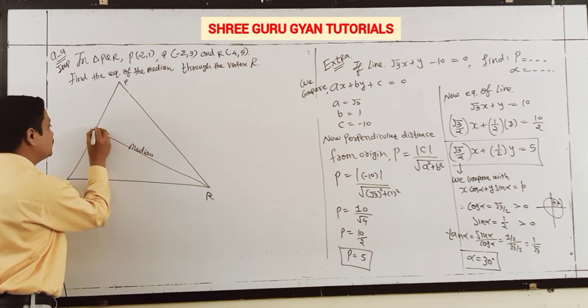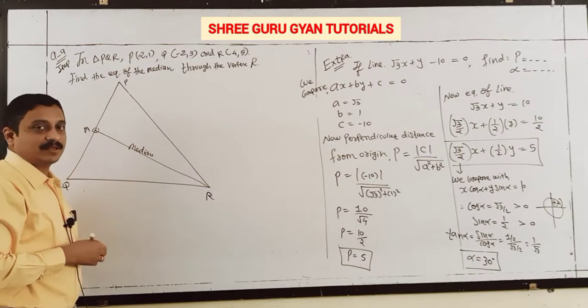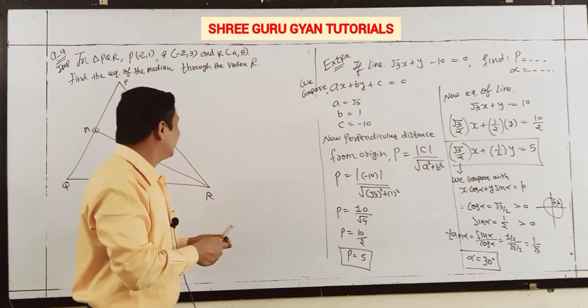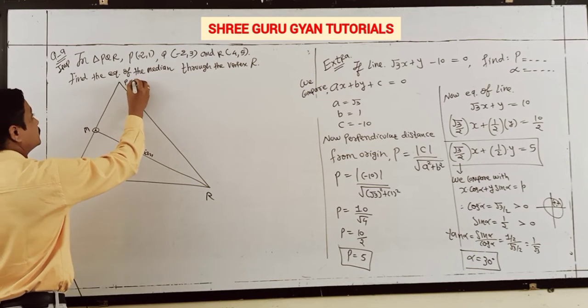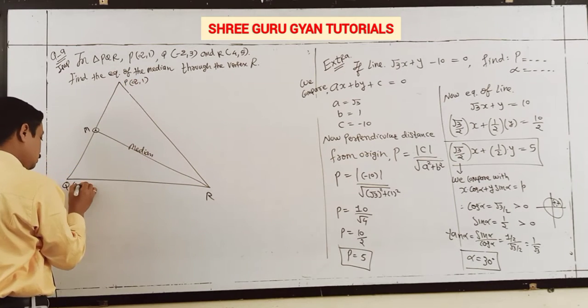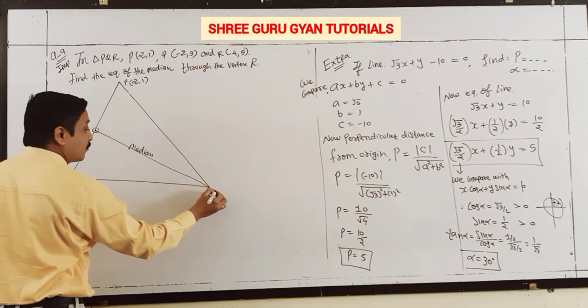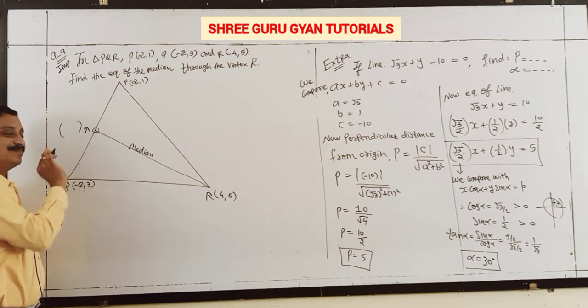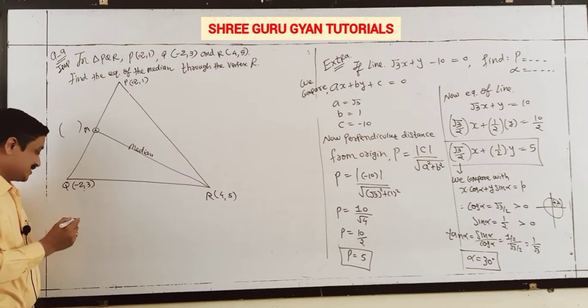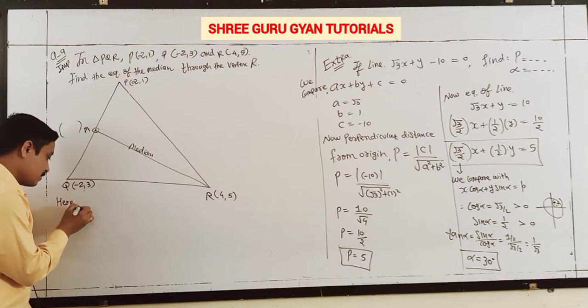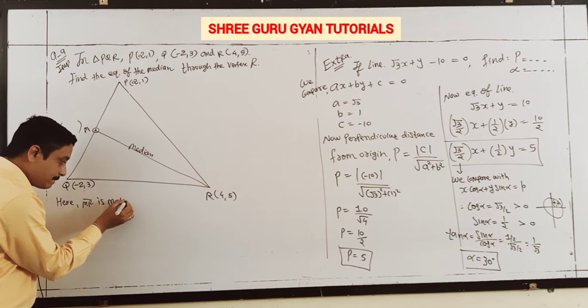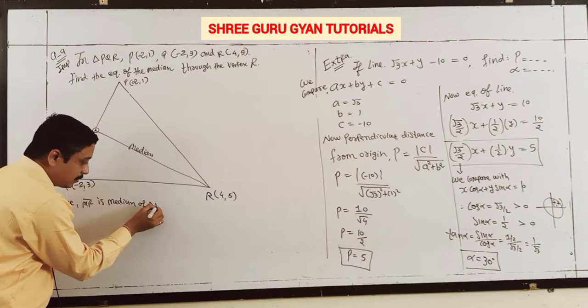And students, here I will take the midpoint. We know the midpoint formula, P is (2,1), Q is (-2,3), R is (4,5). First of all, you derive this M value by midpoint. So here MR is the median of the triangle PQR.